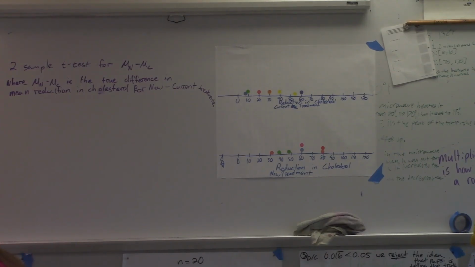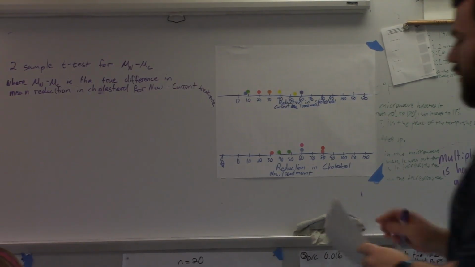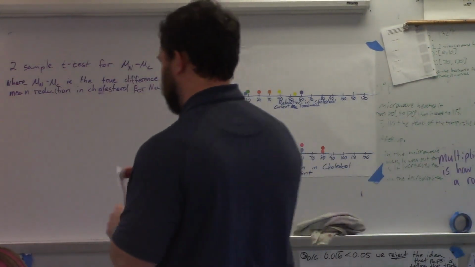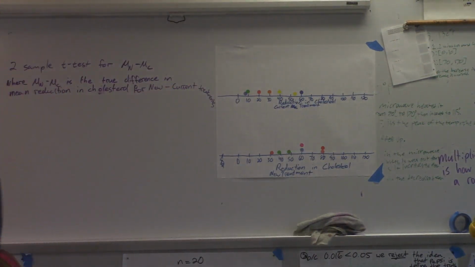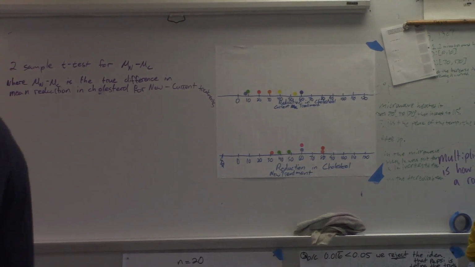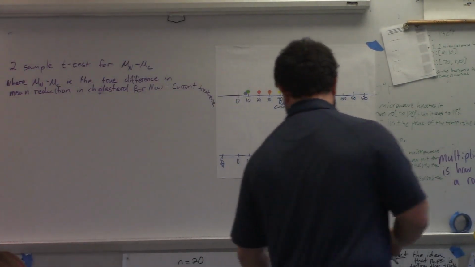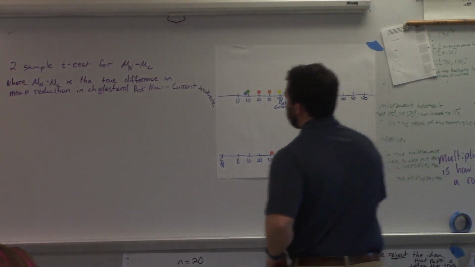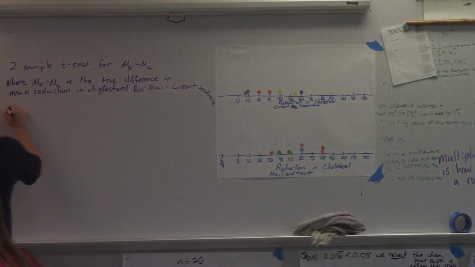It's the reduction in cholesterol levels. Yeah, it has to be reduction. So we do one. Because we didn't do the cholesterol level, we did the reduction in the cholesterol level. Two sample.